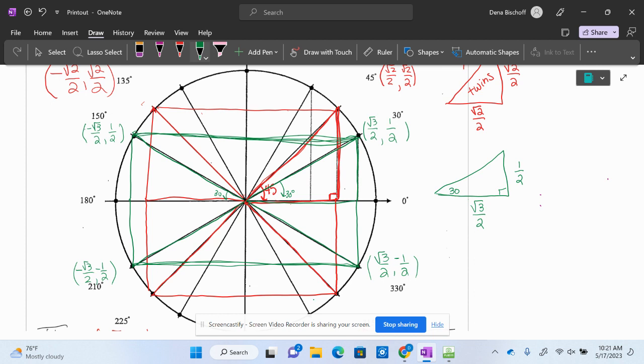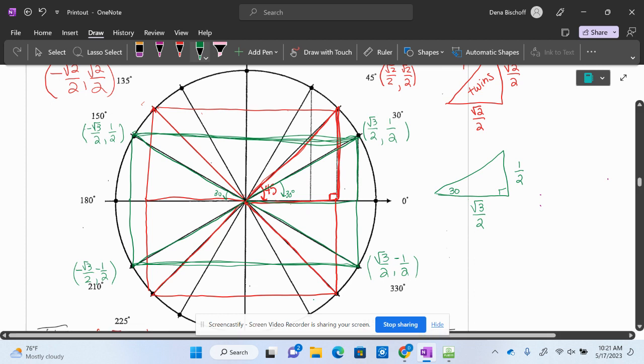So first off, just let's look at this and what do you notice? Well, I noticed that all of the twins have a denominator of 2. Actually, all of my measurements have a denominator of 2, but I also noticed that these are my 30-degree angles. All I'm doing is changing the sign as I work around the circle.